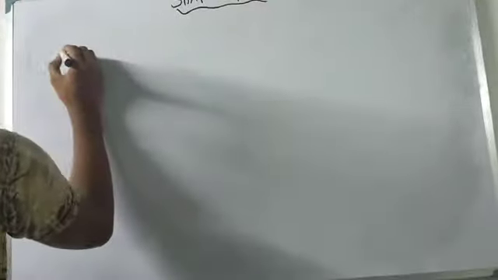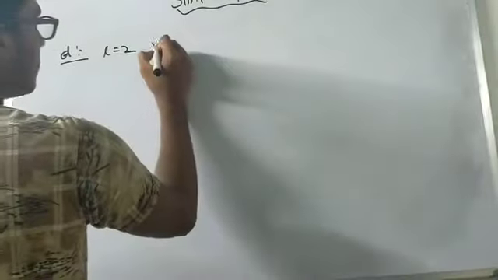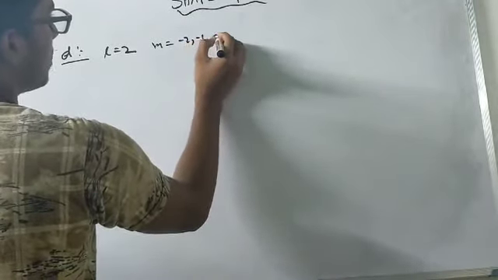Now let's go for the d orbitals. The value of l equals 2, so the possible values of m are -2, -1, 0, +1, +2.